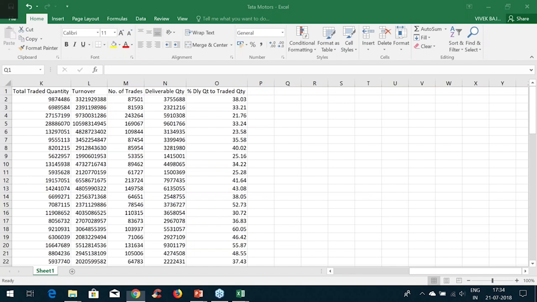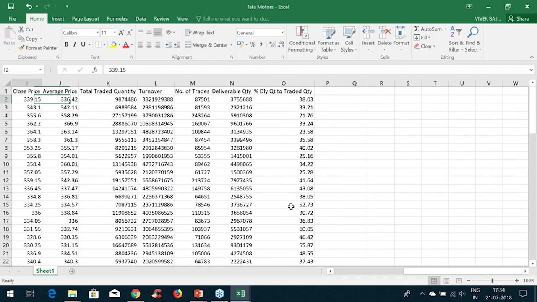In derivative, you have different expiries, right? Every month will have current month, next month, and far month. Typically, far month is not so active. So we can restrict our data analysis to only current month and the next month. Okay. Now, how do I pull my current month data? So what is the current month?